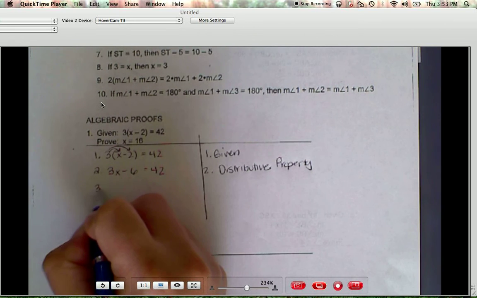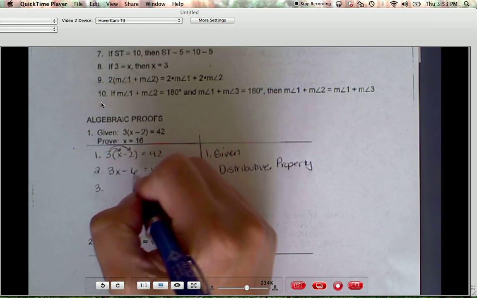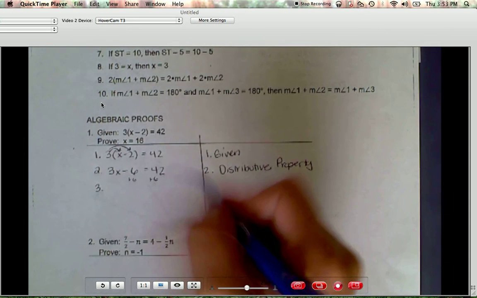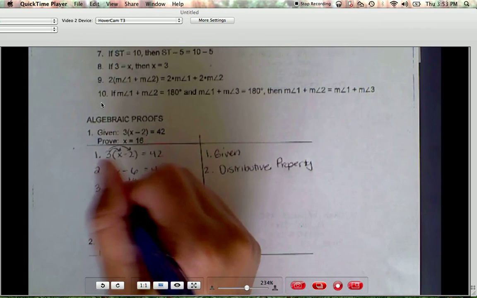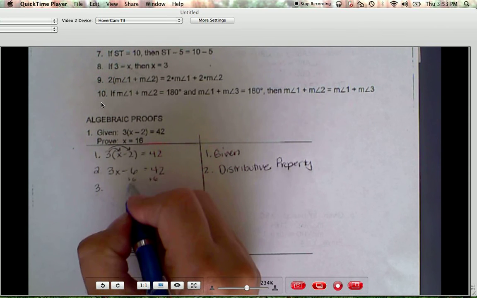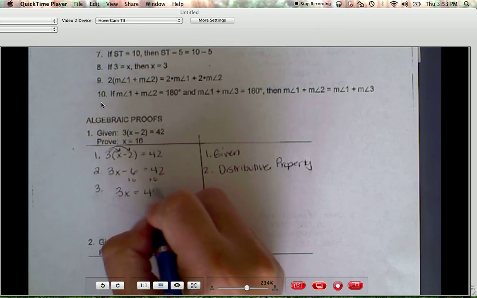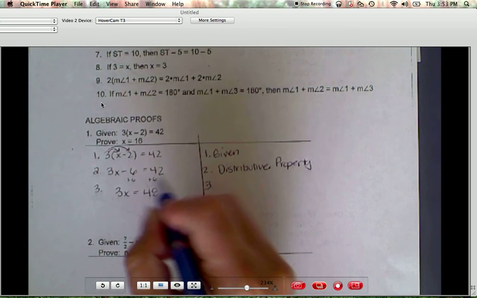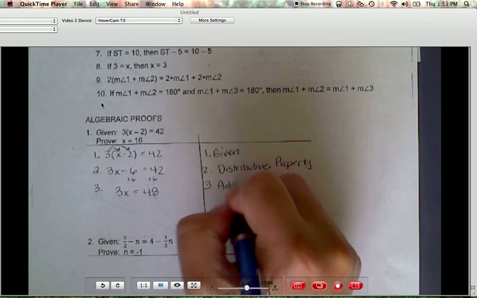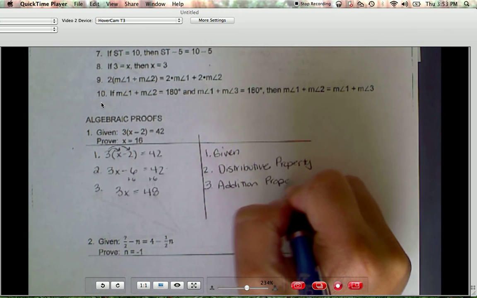Now, in this particular case, we are adding 6 to both sides, and you can make a miniature version of that if you want to write it, or you can skip writing it altogether. That's not going to be a separate step. When we add 6 to the left side, we get 3x. When we add 6 to the right side, we get 48. And so the reason that we can go from step 2 to step 3 is addition property.